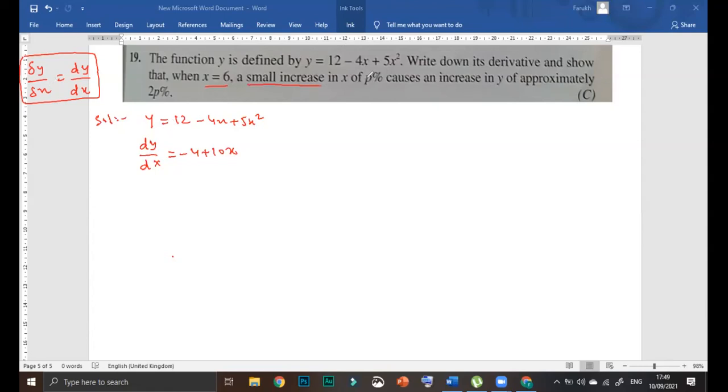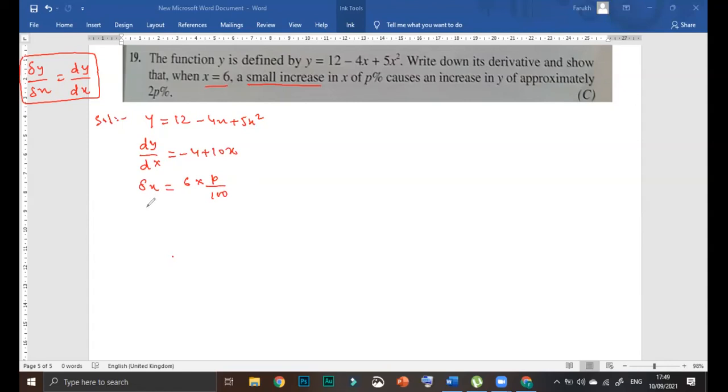Del x is equal to 6 into p over 100. The value is 6 and the change is p%. So del x is equal to 6 into p over 100.